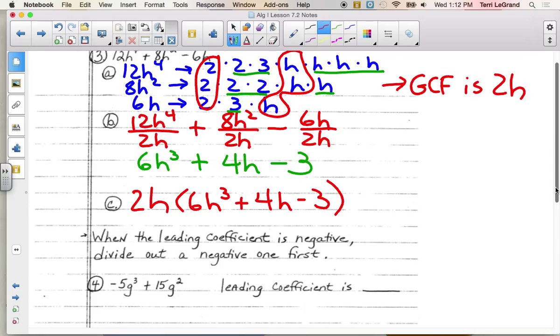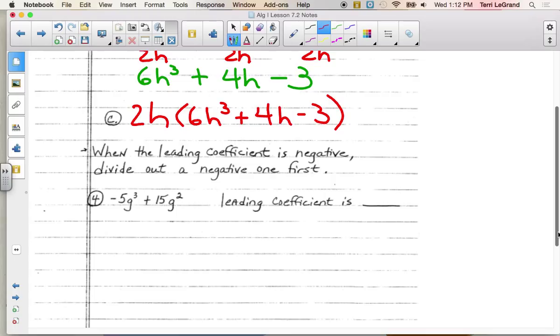So questions or concerns about that one? Okay. One more, because this one can get confusing. When a leading coefficient is a negative number, sometimes we don't know what to do when we're factoring. So here's the best thing to do. This is a leading coefficient because it is in standard form.